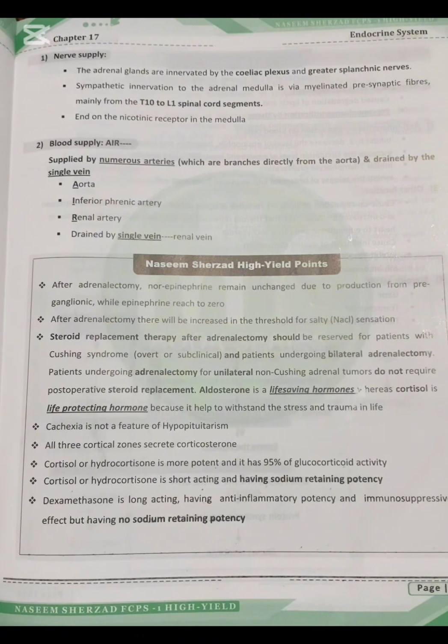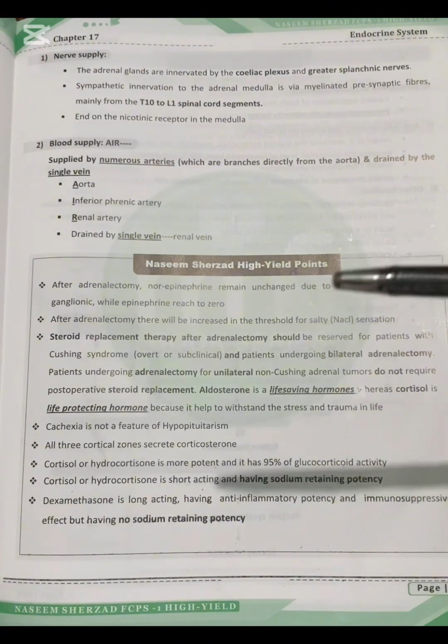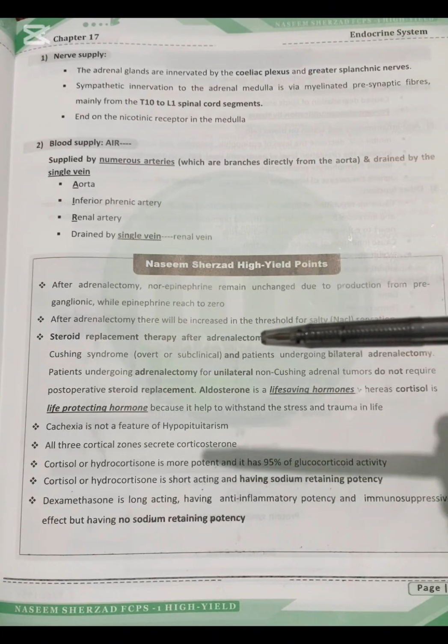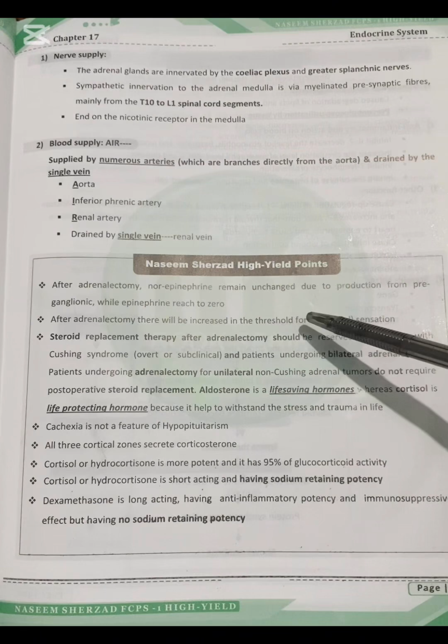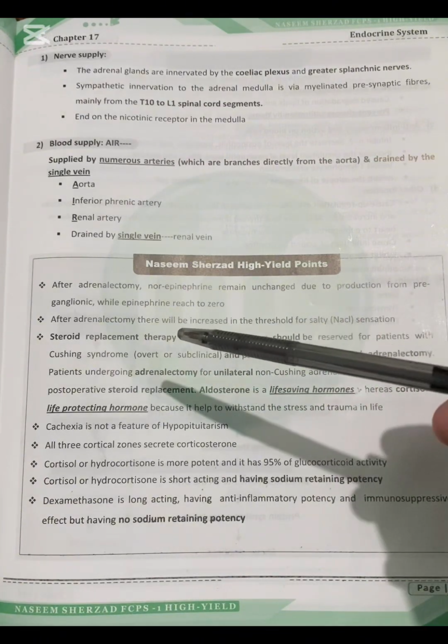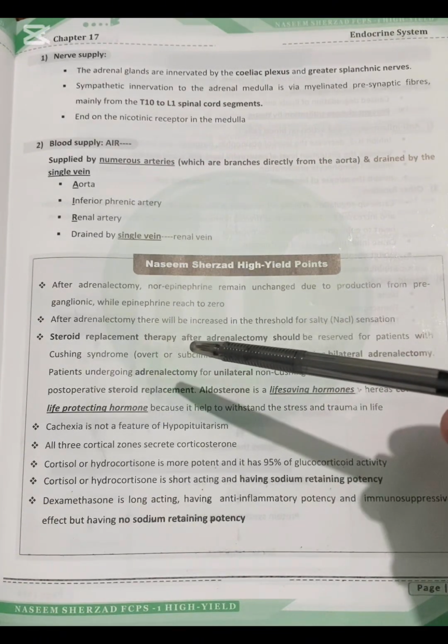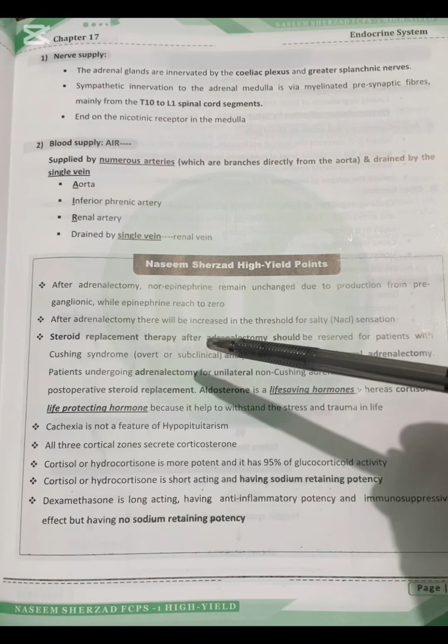And I have written some important clinical points on the adrenal medulla. If we go for adrenalectomy of a patient, the norepinephrine will remain unchanged due to production from the presynaptic ganglion, while the epinephrine will reach zero.